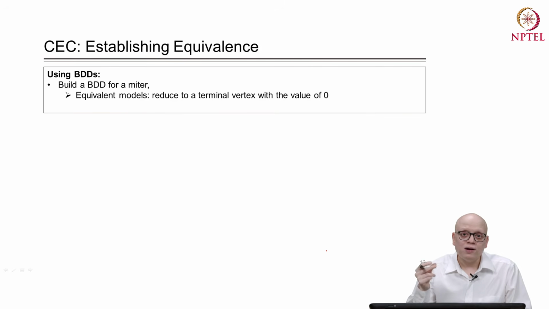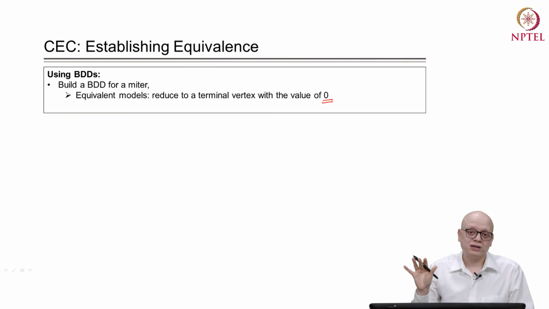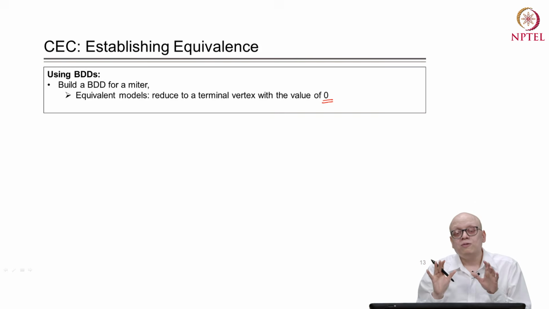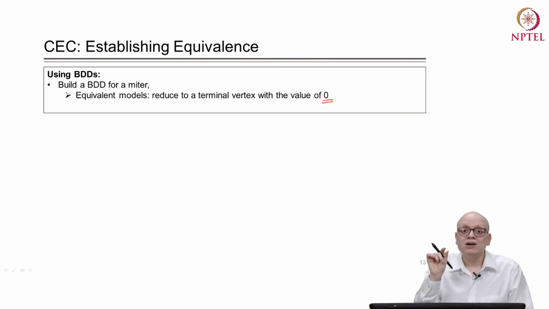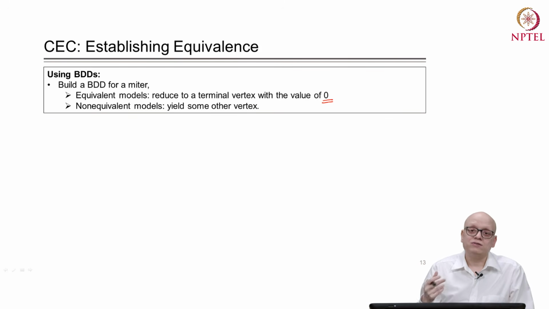And if a function always produces 0, then the BDD for that will contain only one vertex with the value 0, the leaf node only. It will contain no other nodes. So if the models are equivalent, the mitre function as represented in BDD will contain only one vertex, and if it is non-equivalent, then it will yield some other vertex.